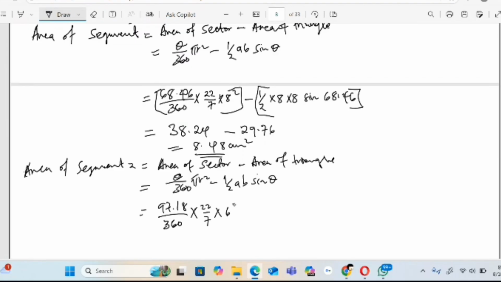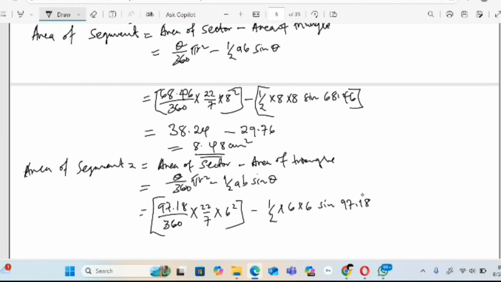Then we minus the area of a triangle, which is a half times A. Our A changes to 6, B also 6, then sine 97.18.